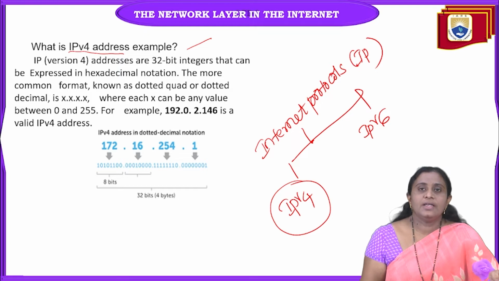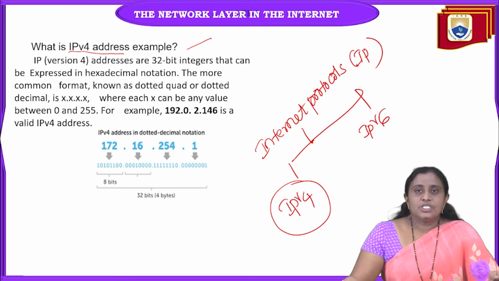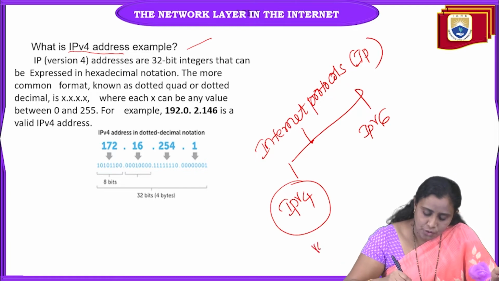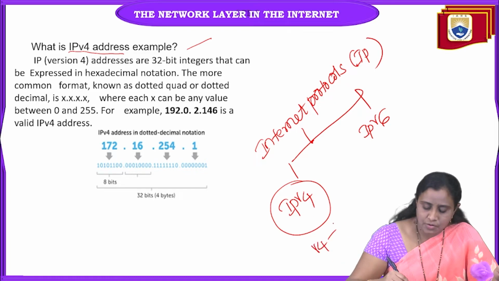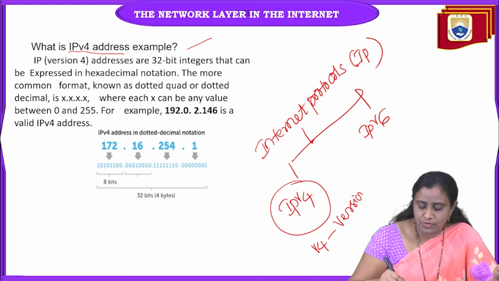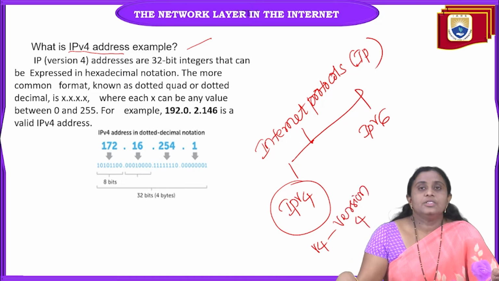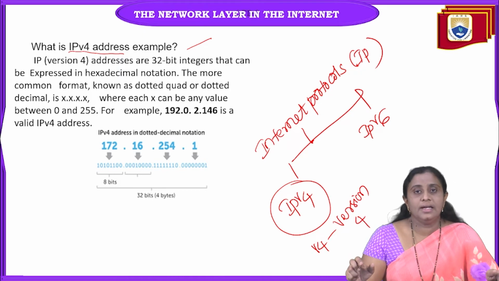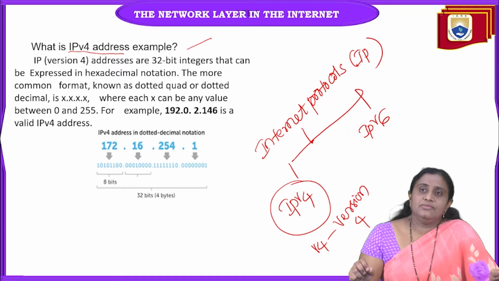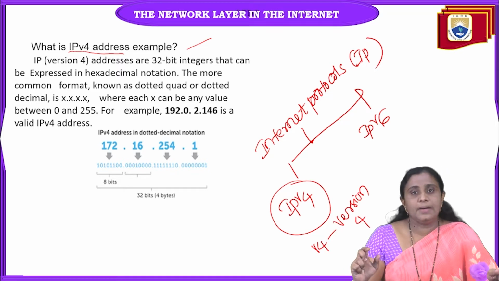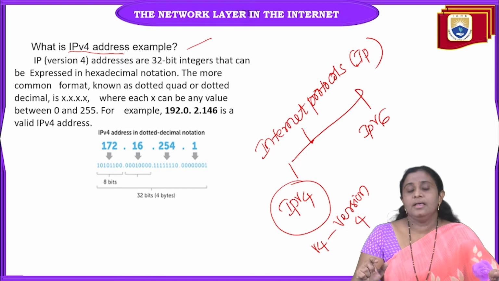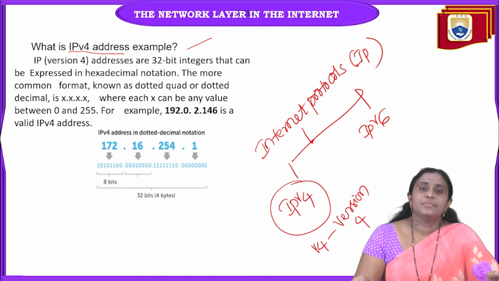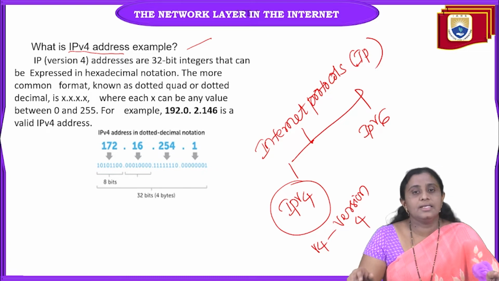So coming to this one, IP version 4. IP means internet protocol. V4 means version 4. These are the type of addresses which are present in the network layer of the internet, consisting of 32-bit integers that can be expressed in hexadecimal notation.